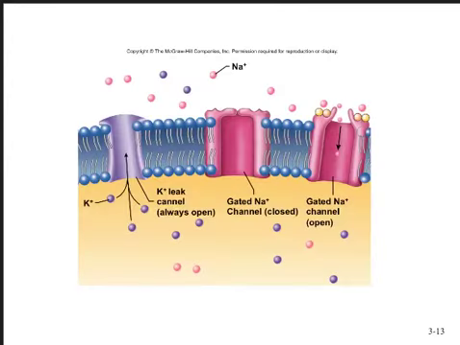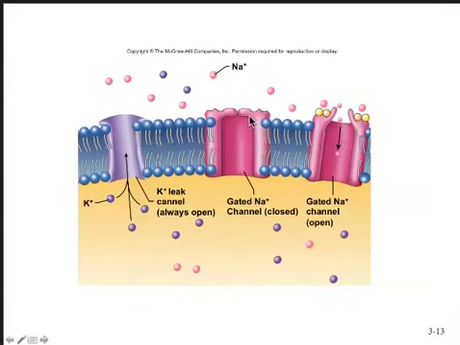And you can see examples of these channels here. Here's a potassium leak channel. As long as it is open, what will happen is that the potassium will naturally diffuse through the leak channel from the inside of the membrane to the outside of the membrane, which is with its concentration gradient. This is a gated sodium channel, as another example of a membrane channel protein.